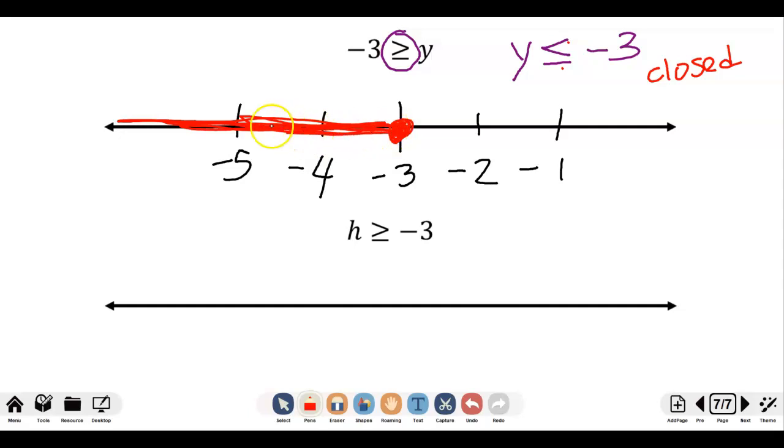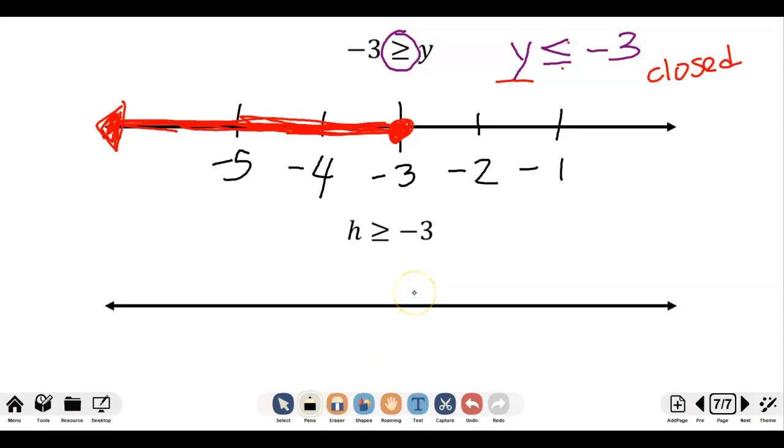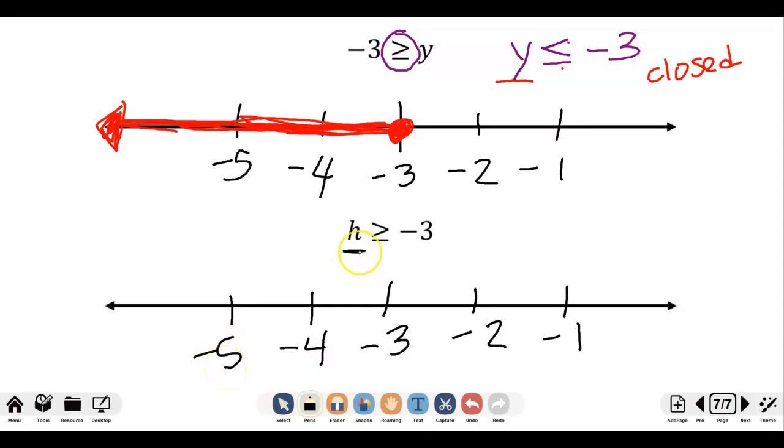So just like we did yesterday, but some of these we might need to adjust so that our variable comes first in our inequality. The second one, the variable is already first, so we don't have to do any adjustments. This one's going to be h is greater than or equal to -3. So this graph's going to look very similar, except we did not have to flip our signs around because our variable is already there in the beginning.